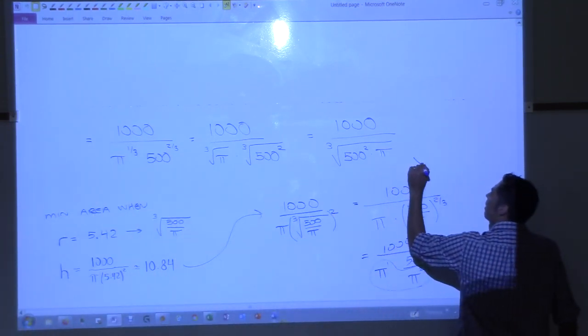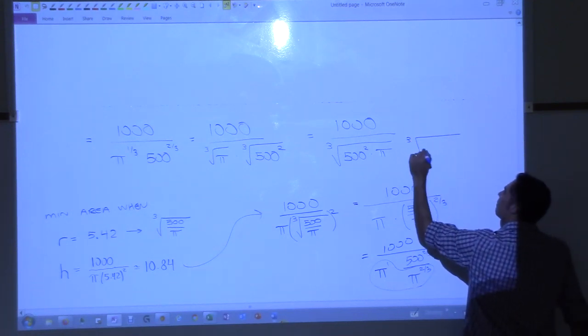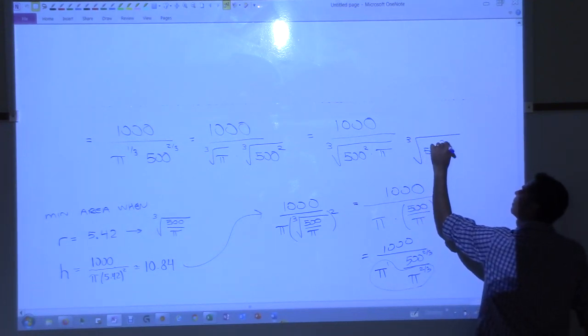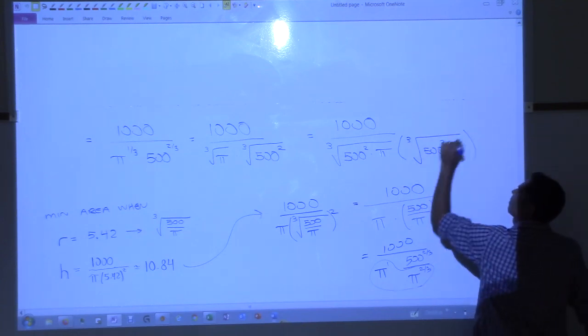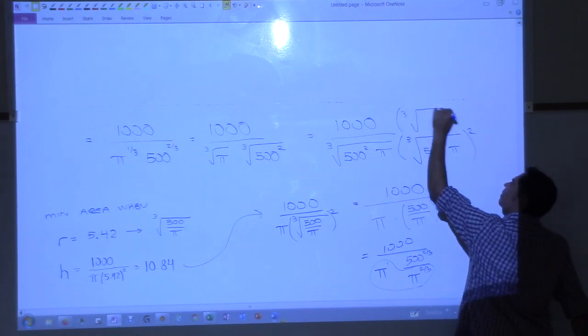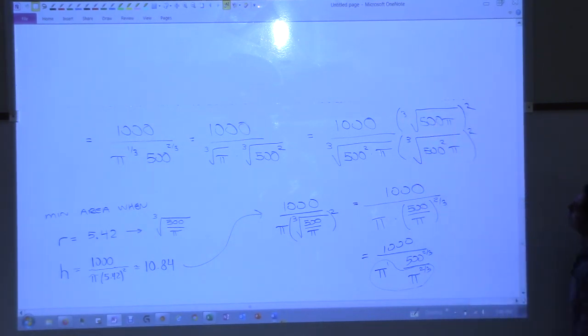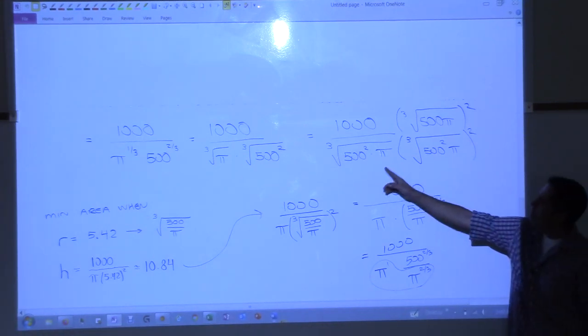I'm going to multiply this by, I'm going to run out of time. Okay, 500 squared on the bottom. So what would happen if I do that? On the bottom, what would I get?